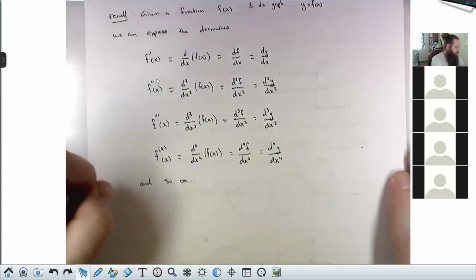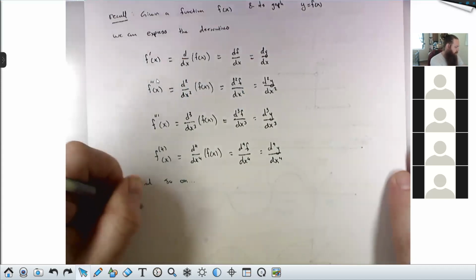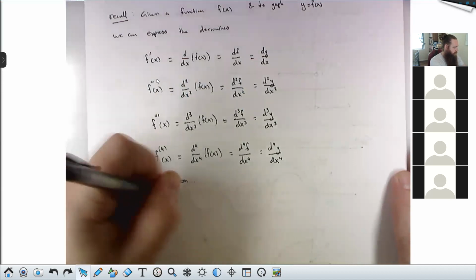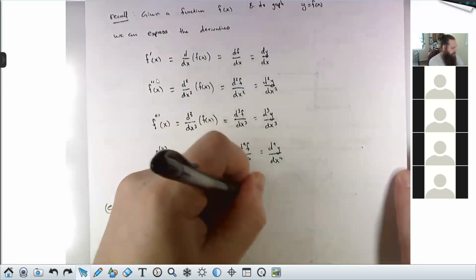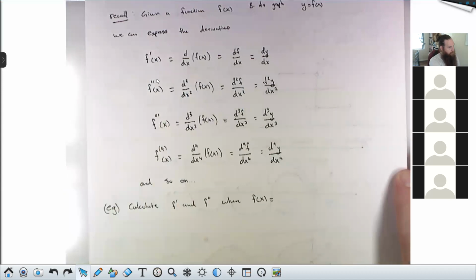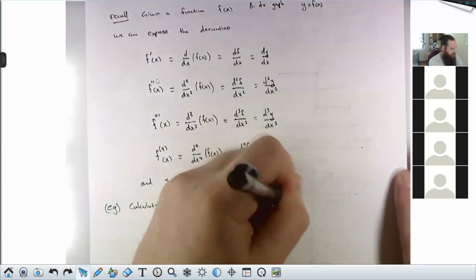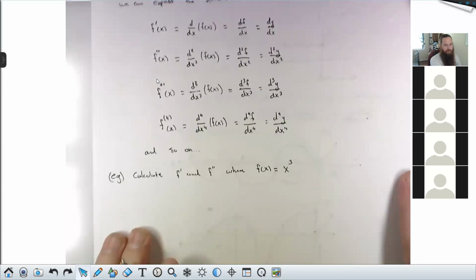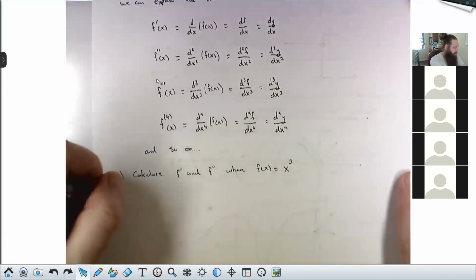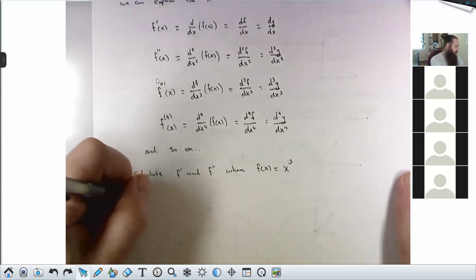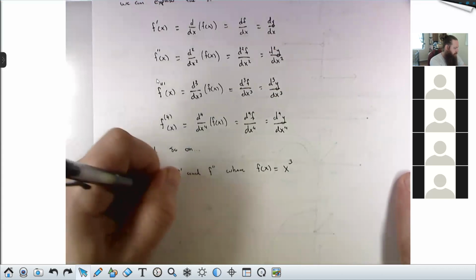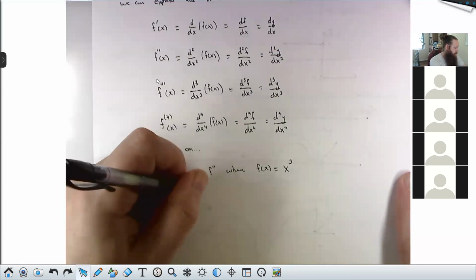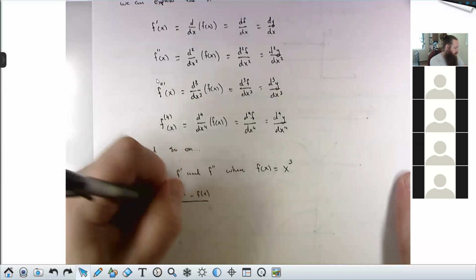So for example, don't hate me. Let's keep it simple. Let's take the first 2 derivatives of the cubing function. I know that f prime is the limit as h goes to 0 of f of x plus h minus f of x all over h.